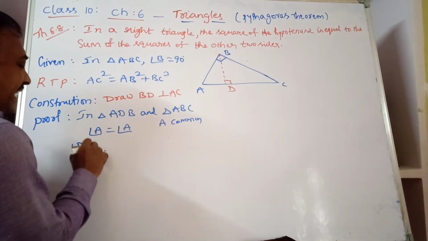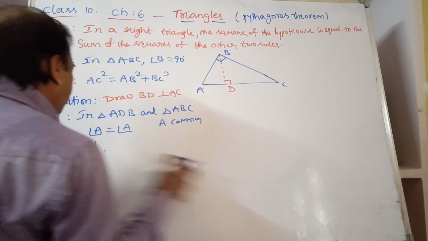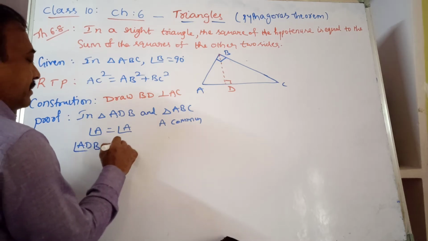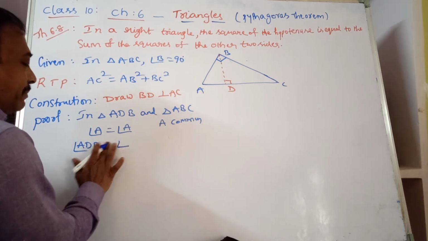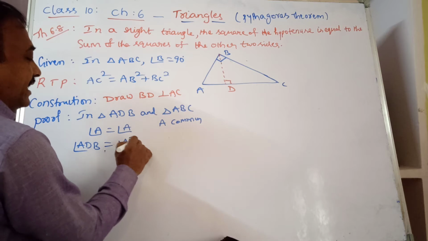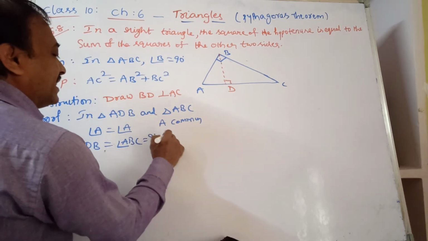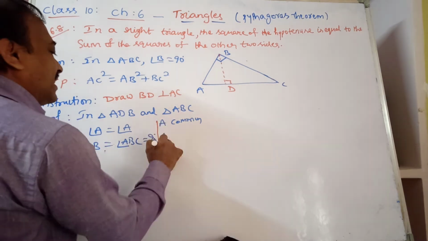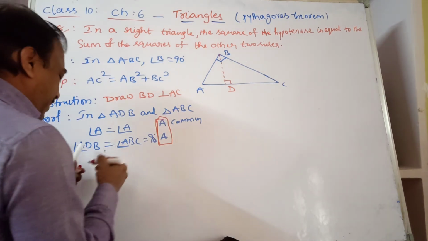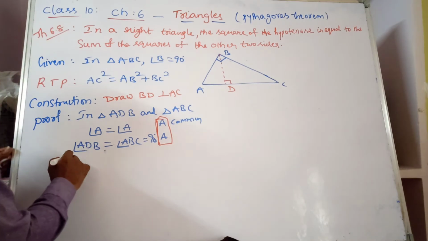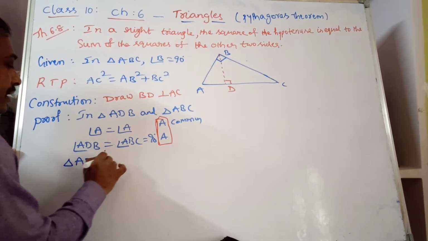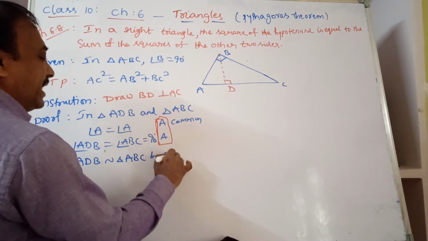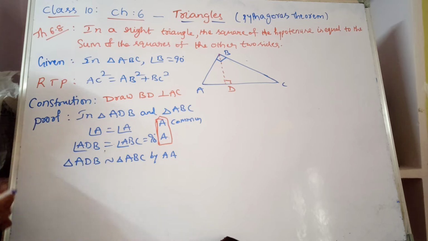Then angle ADB is equal to angle ABC, which is equal to 90 degrees. By AA similarity, triangle ADB is similar to triangle ABC.